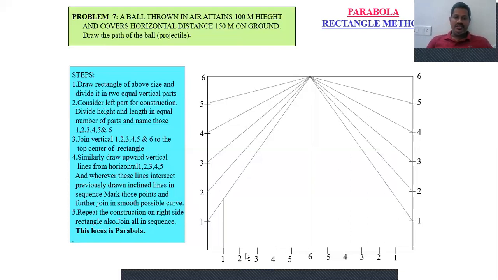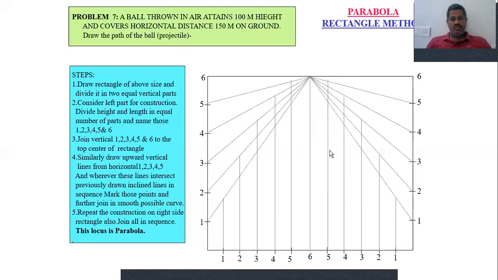Then draw the vertical lines from these points, projecting one point to one point, which will intersect at one point. Then the second point, dropping that vertical line up to the second line. Draw the vertical line from point 3 up to the third point, and up to 4; then 5 and 6 we will get at this location.